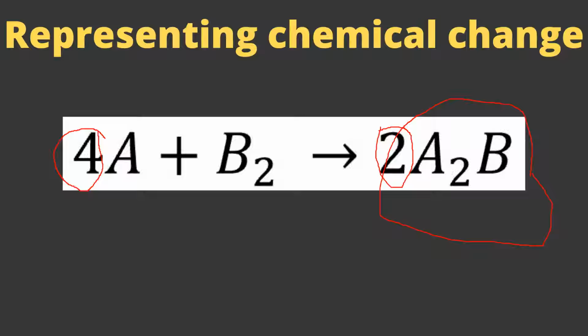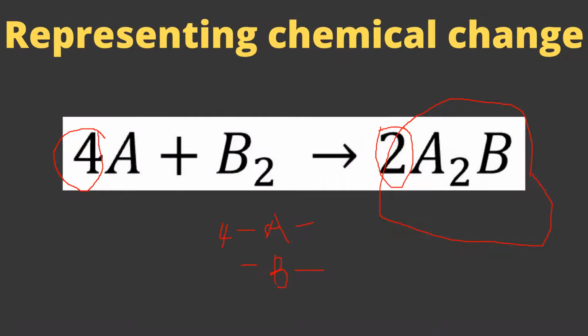And how do we know that it's balanced? I have two types of atoms taking place, atom A and atom B, and we're going to count on the left and the right hand side. On the left hand side, how many species of A do we have? If there's a 4 in front of the A, it means there are 4 species of A. So you write 4.